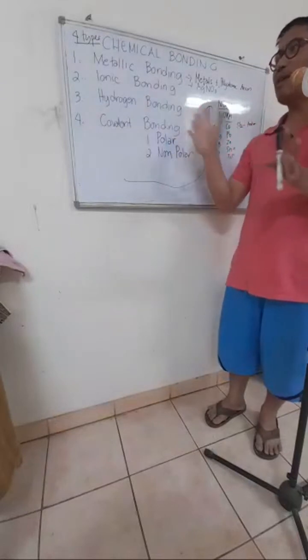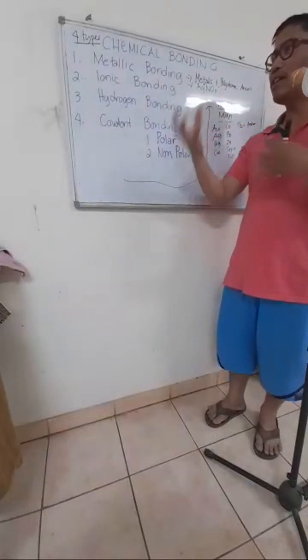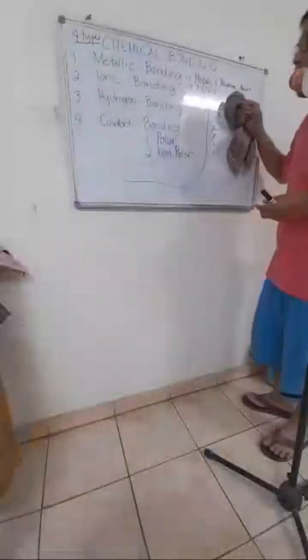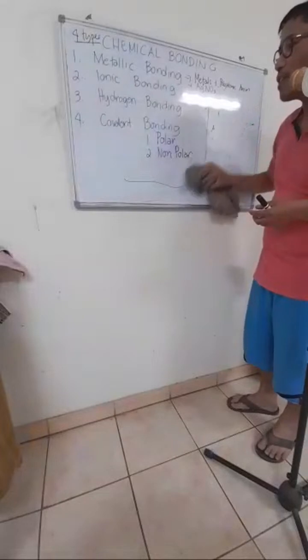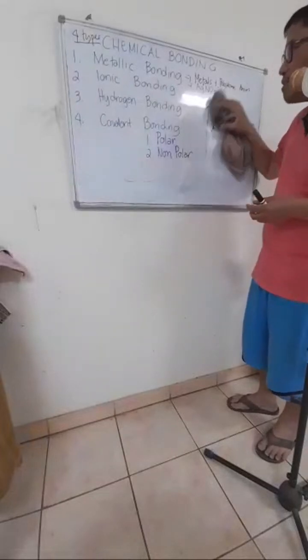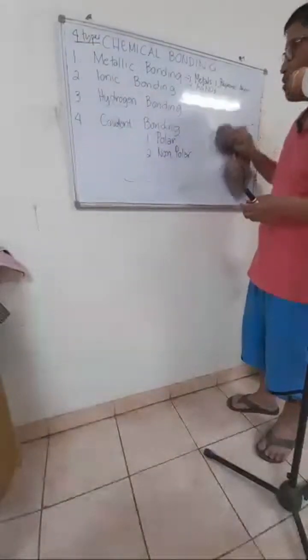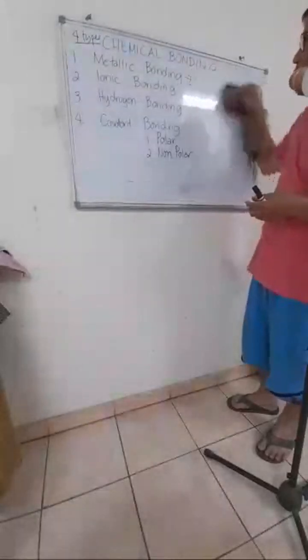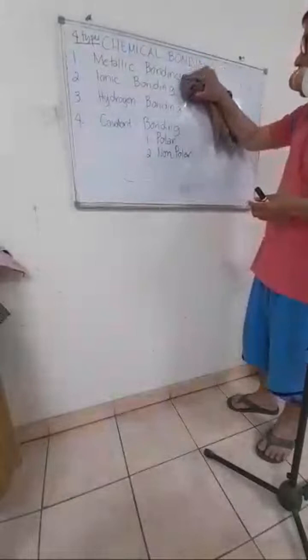So English matters, how you make the definition. It's one type of chemical bonding that involves ions.